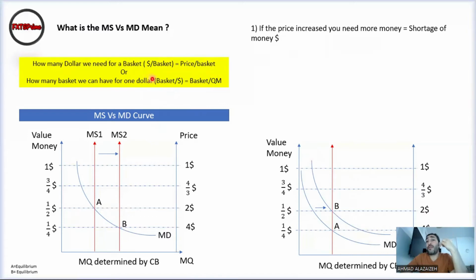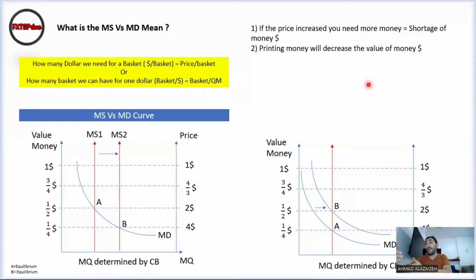If the prices of the basket increase, you need more money. So that is a shortage of money, which means money demand. Printing money and pumping money to the market will decrease the value of money, because you will have the same products, the same basket. Later on I'll explain what the basket means.